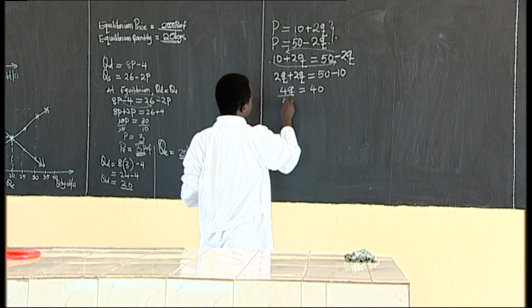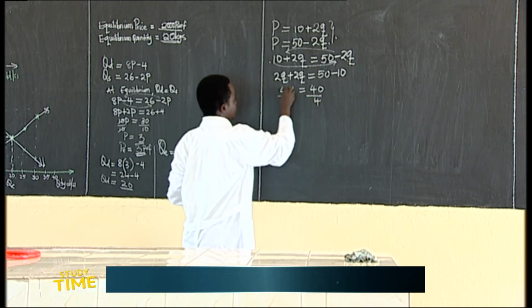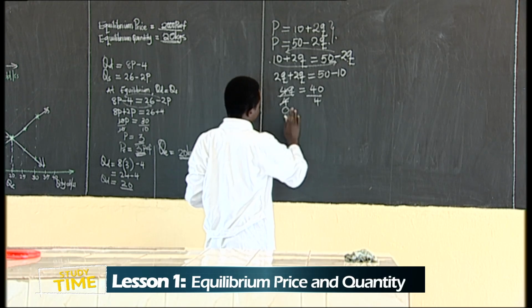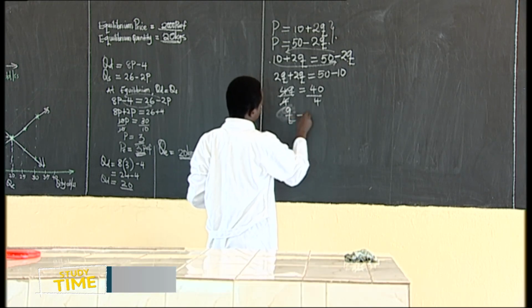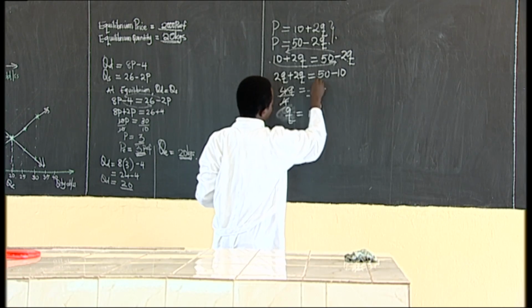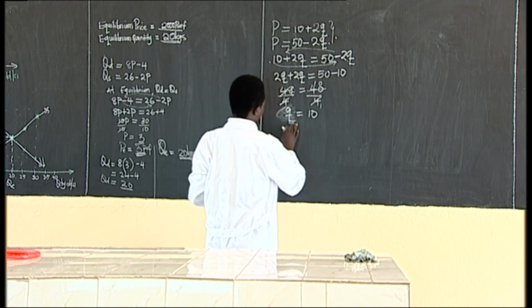You divide by 4 to get the value of Q. So our Q will be equal to 10. If you get 40, then you divide by 4, you get 10.